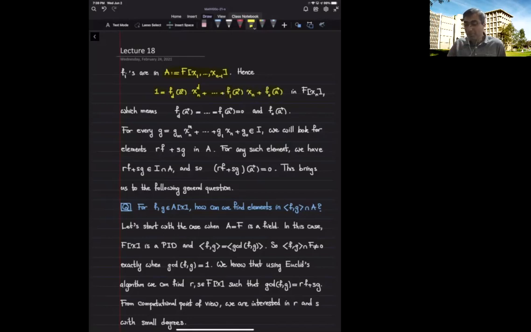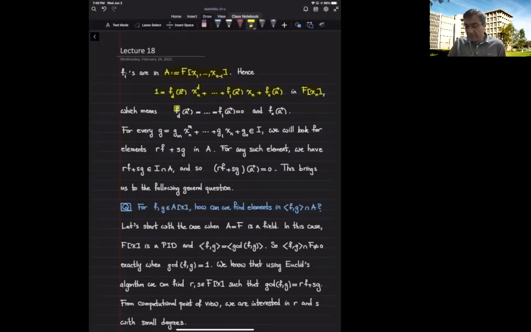Now, these two polynomials are supposed to be the same in the ring of polynomials with coefficients inside F. That means coefficients should be equal. Here, the only coefficient is the constant term. That means all the other coefficients over here should be 0 except the constant term.